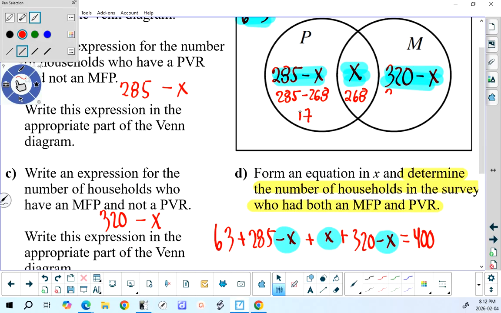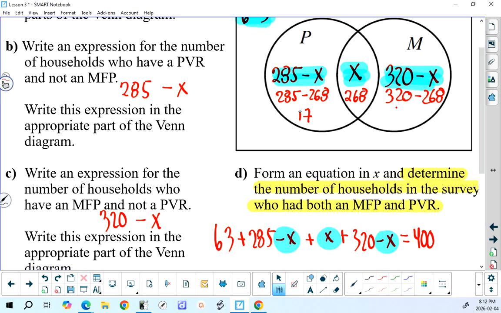I'm going to take 320 minus 268, and that's going to give me 52. I'll just double check that. Yep.